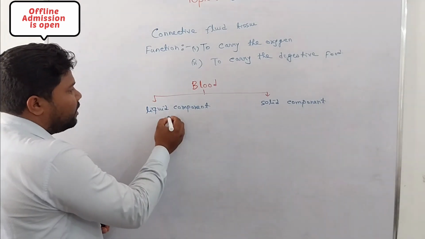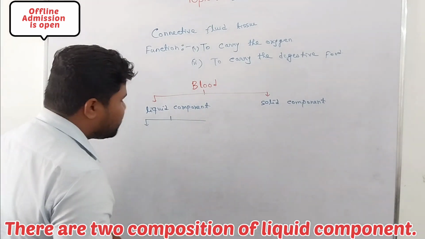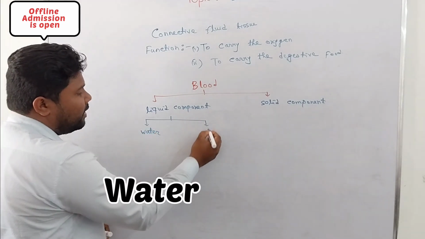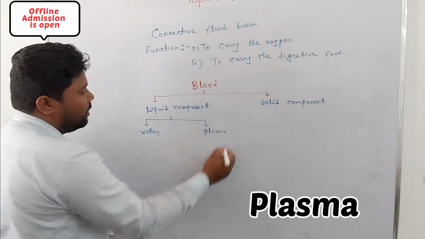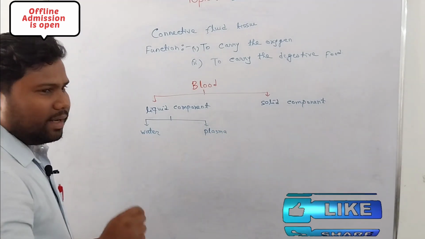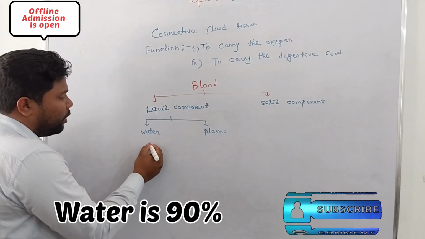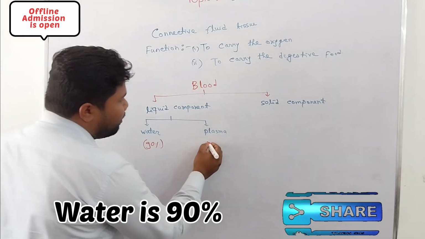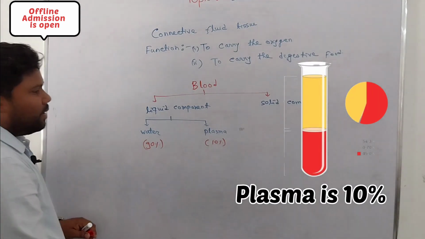Again, there are two parts of the liquid component. The first is water and the next is plasma. And the interesting thing is that in the liquid component, water is 90% and plasma is only 10%.